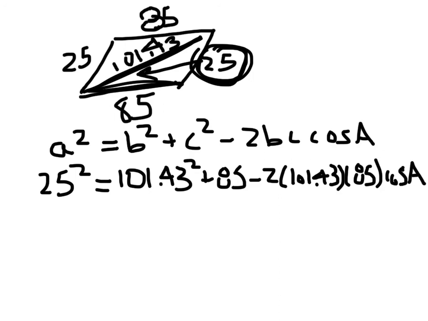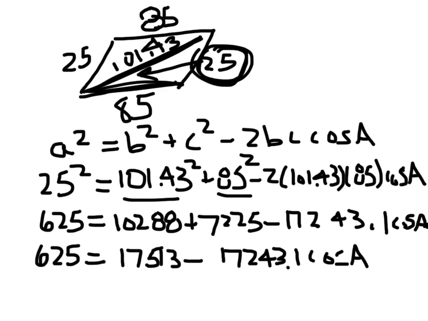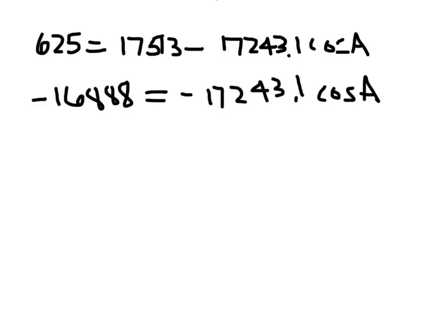Okay, so I'm going to be careful that I will square this value and this value and add them together and then subtract over to the left. And now I'll subtract the 17,513 from both sides.